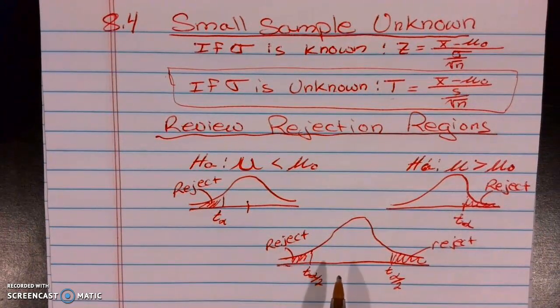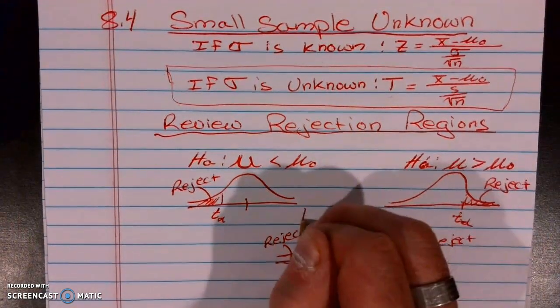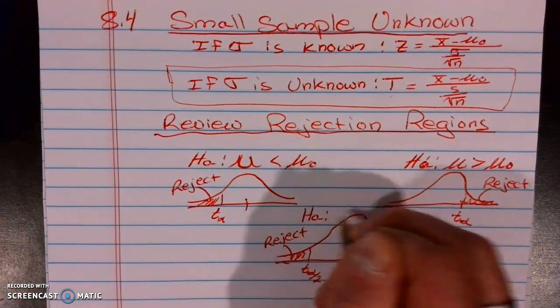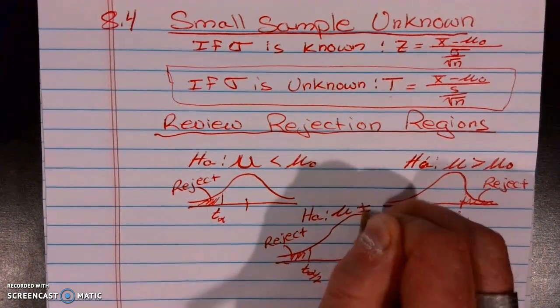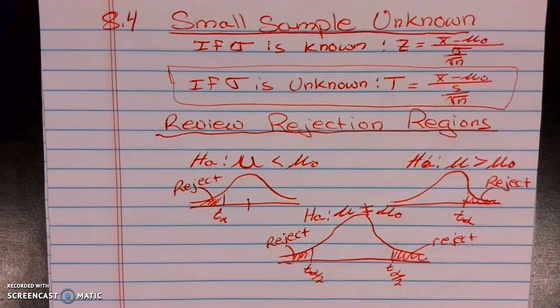And if it's not equal to, so if HA says the mean is not equal to the mean of the null hypothesis, then it's either in here or here, which would mean that we would reject it in these regions as well.